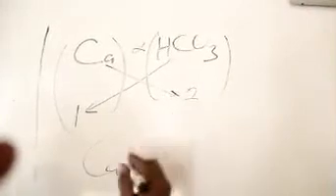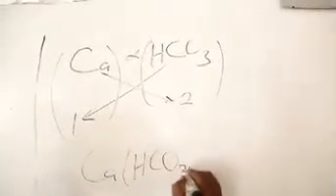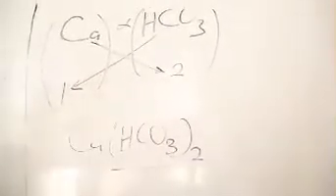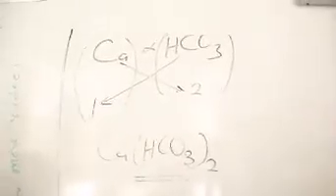Because of that, we bring down a bracket, enclose them in the bracket, and then bring the 2 out. This is the formula for calcium hydrogen trioxocarbonate 4. It is very, very easy, very simple, right?